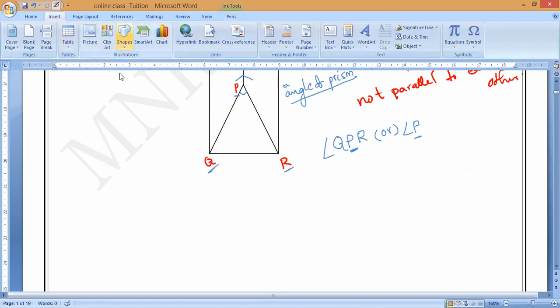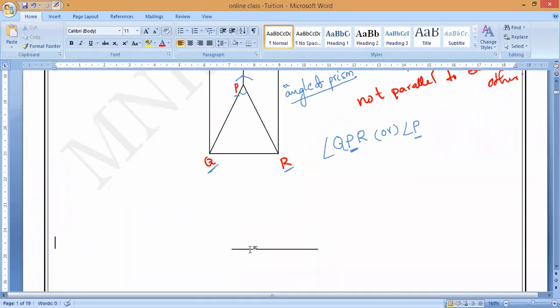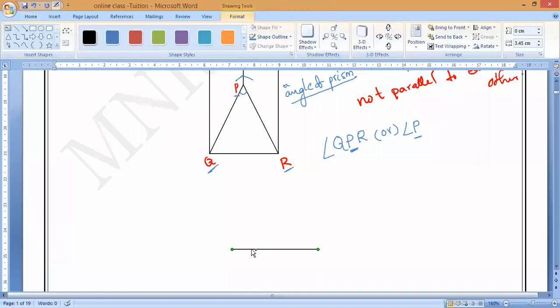Only while we are drawing the ray diagrams can we consider just the triangle alone. Is it okay, guys?